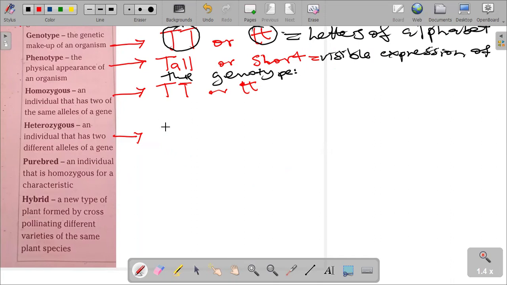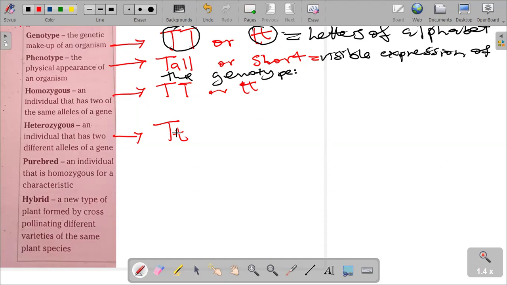The two different alleles are also represented in the genotype, where we have a dominant and a recessive allele. So whenever we are given a heterozygous individual, in terms of the genotype, a dominant and a recessive allele are used.